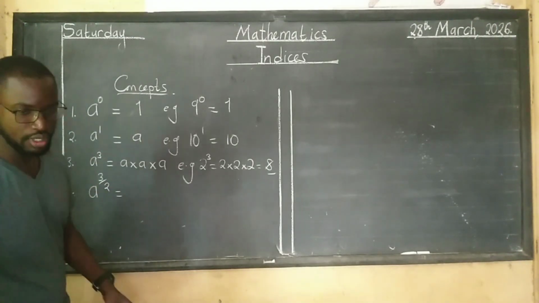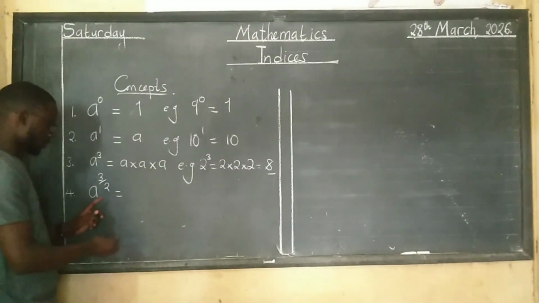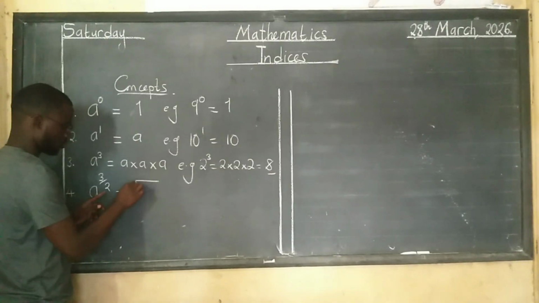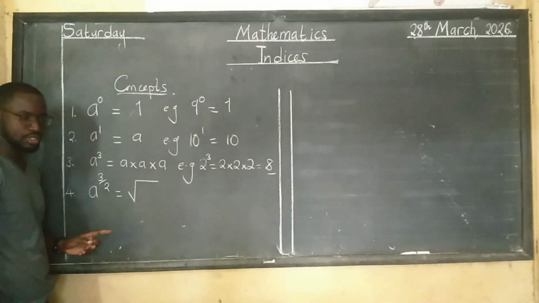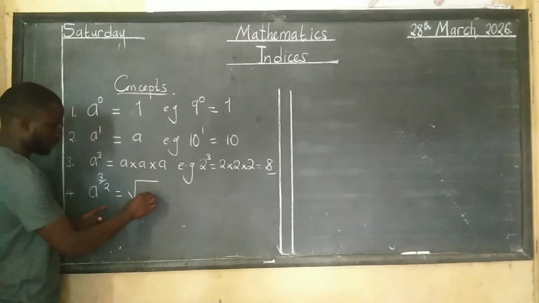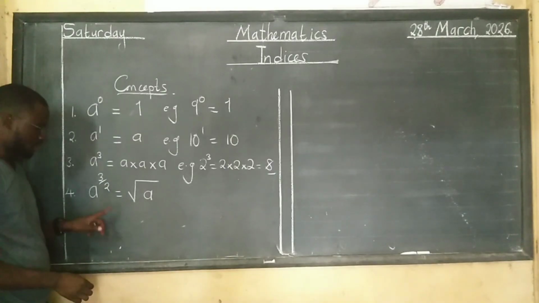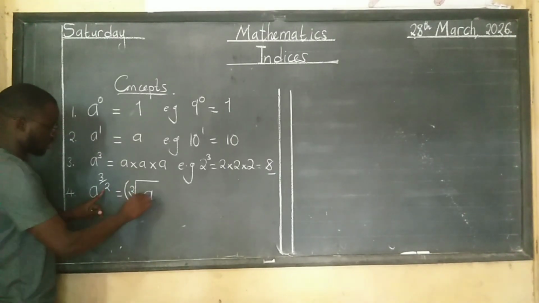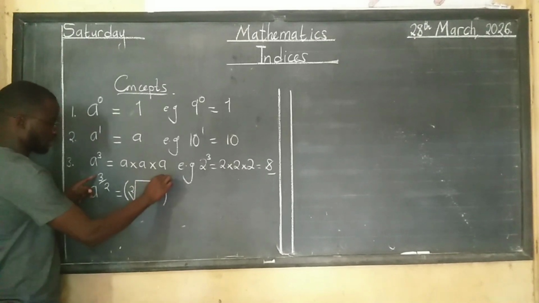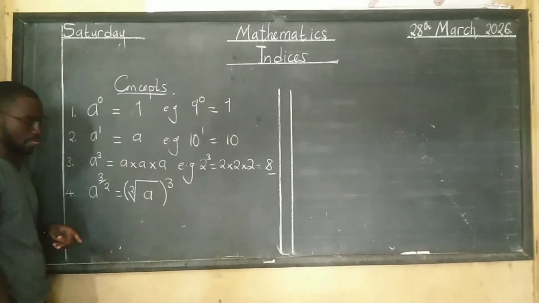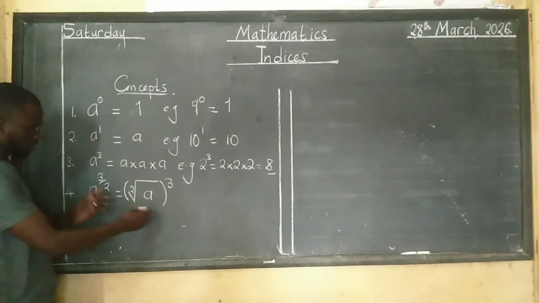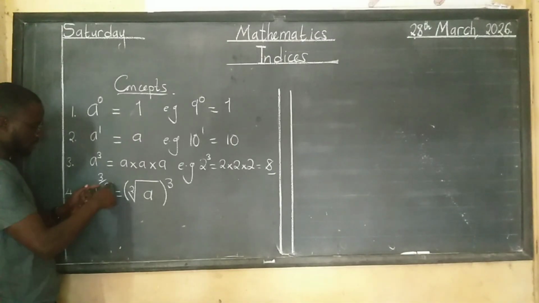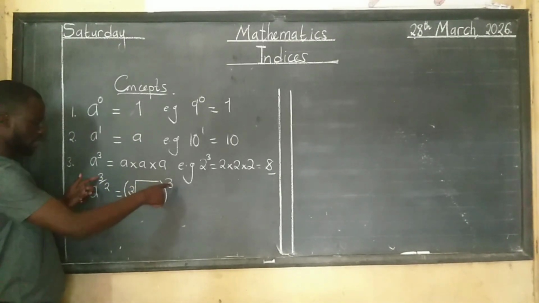In this situation, we can introduce this root sign. We get the a, put it inside. The number at the bottom, the denominator, comes here, and the numerator goes up there. So this can be transformed into this.